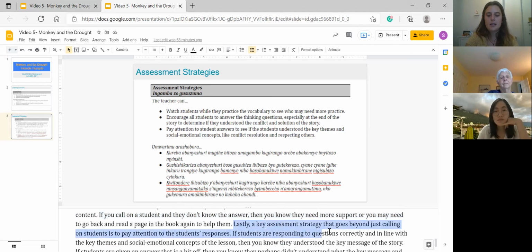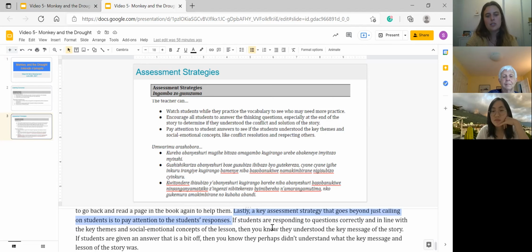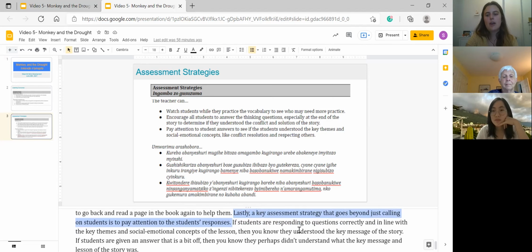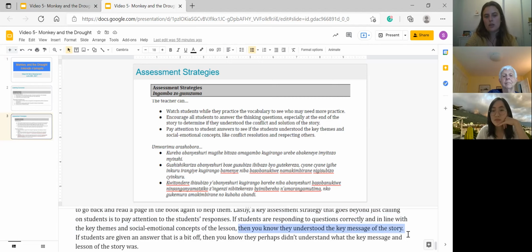And lastly, a key assessment that goes beyond just calling on students: rather than just calling on students like number 2, number 3 is to really pay attention to what they're saying. So 2 and 3 kind of go together. If the students are responding to questions correctly and in line with the key themes and social emotional concepts of the lesson, then you know they understood the message of the story.